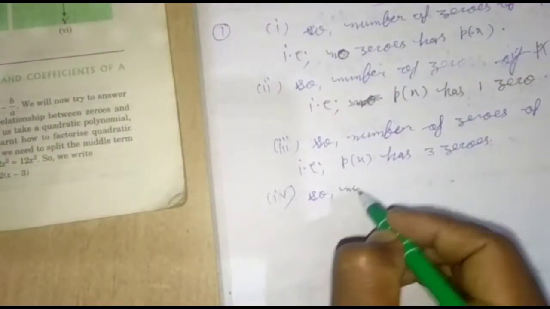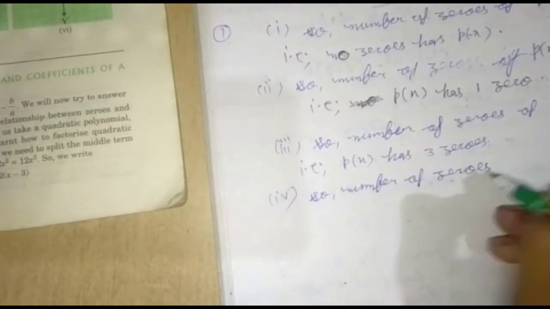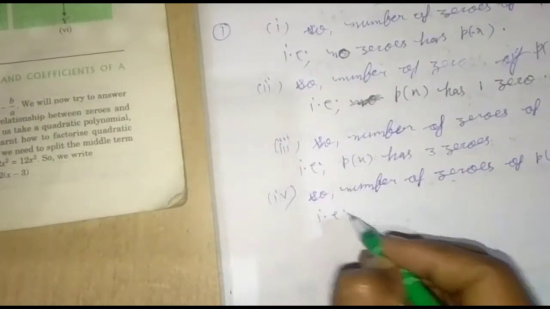So we write, the number of zeros of p(x) is 2, that is, p(x) has 2 zeros.